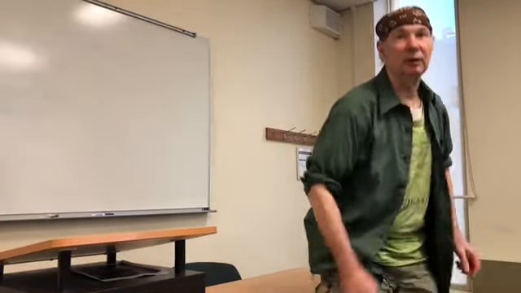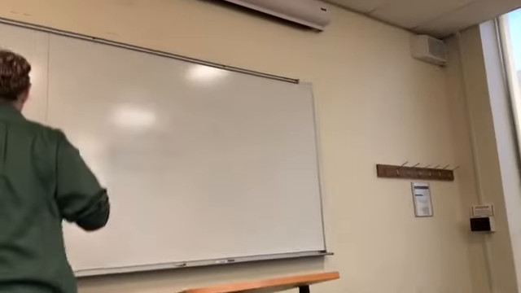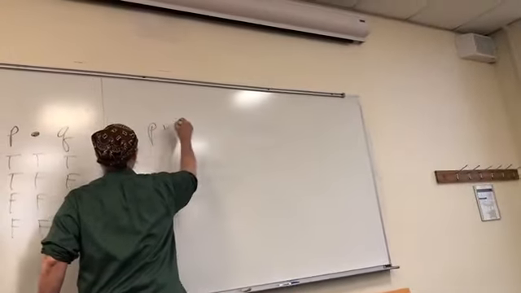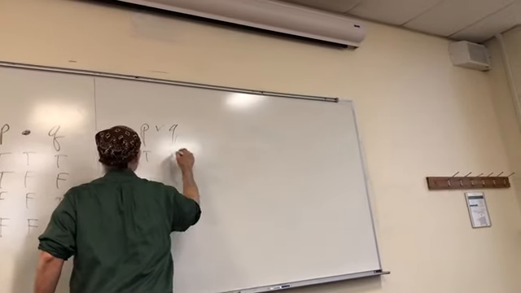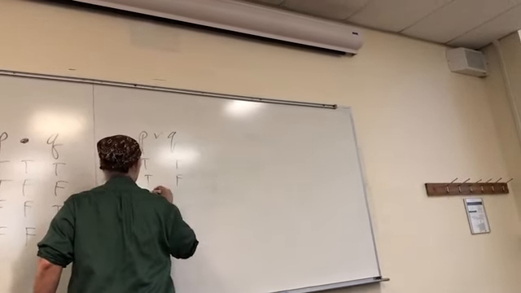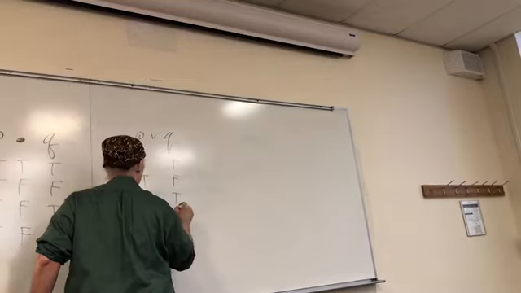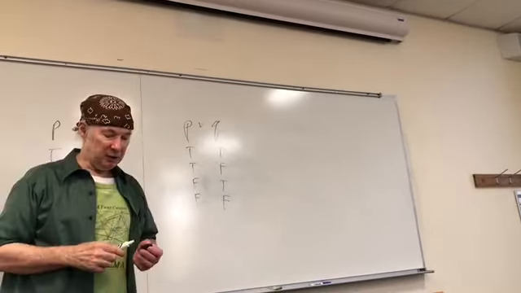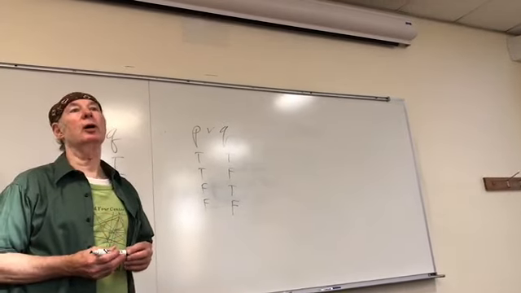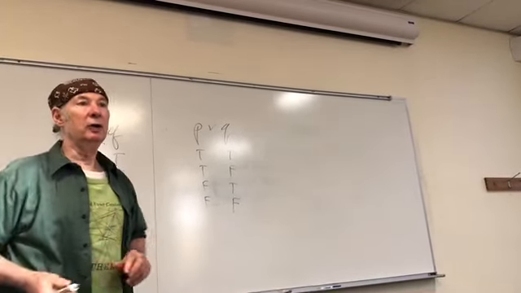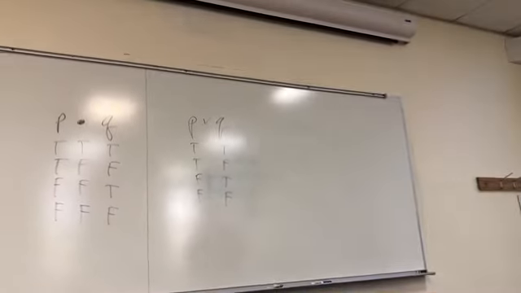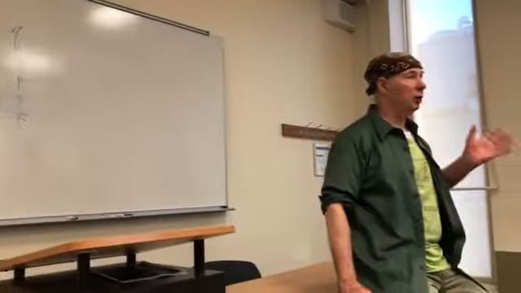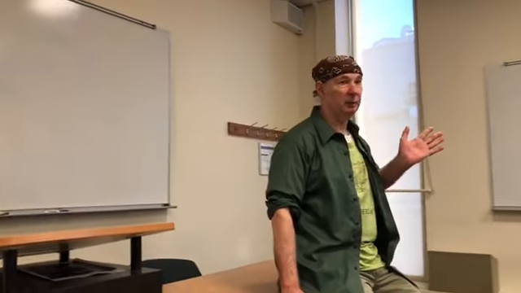But first let's look at or, which is the wedge, and let's look at the last row. If you say something using or, and both P and Q are false, you've said something false.